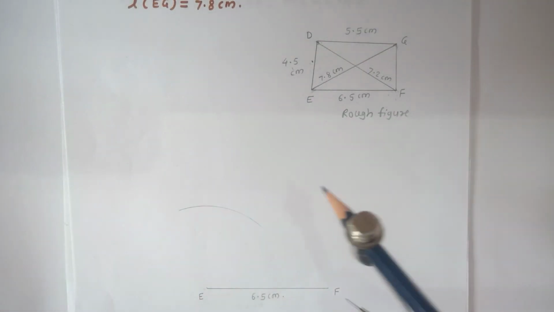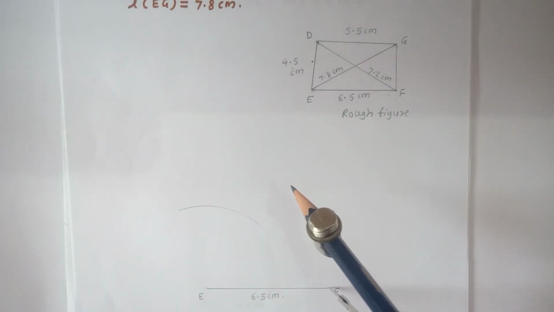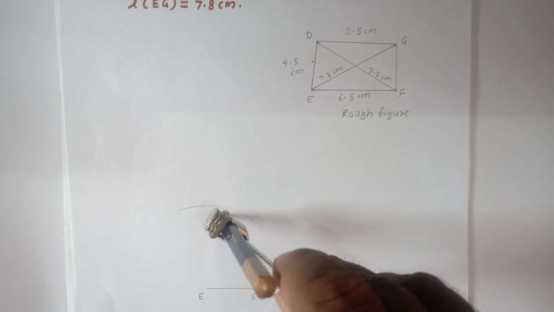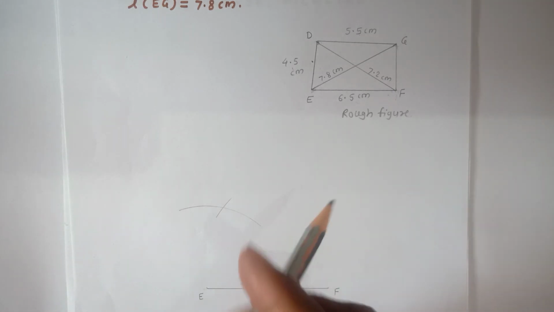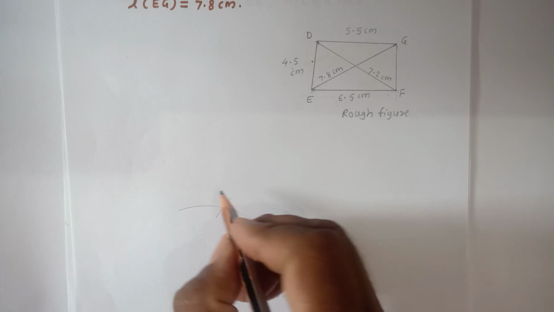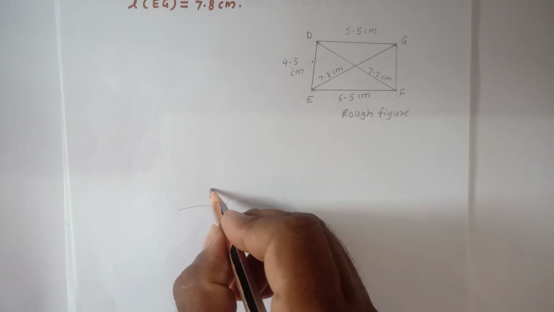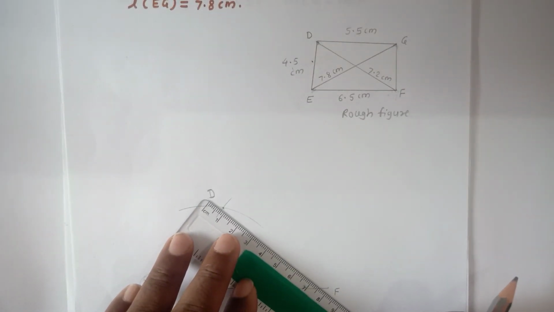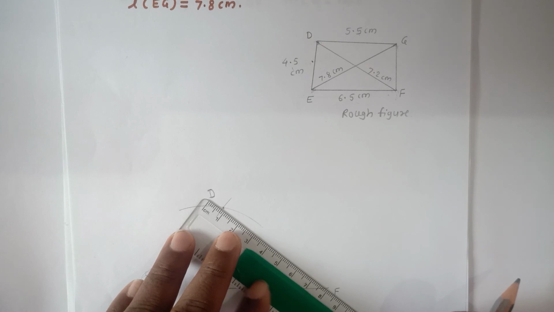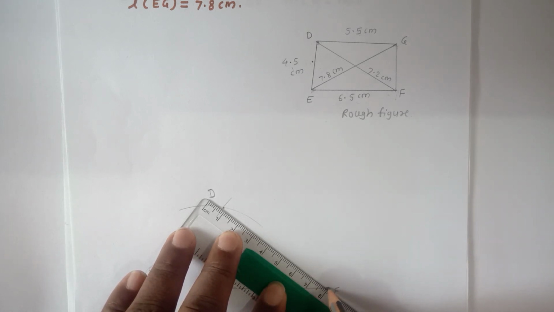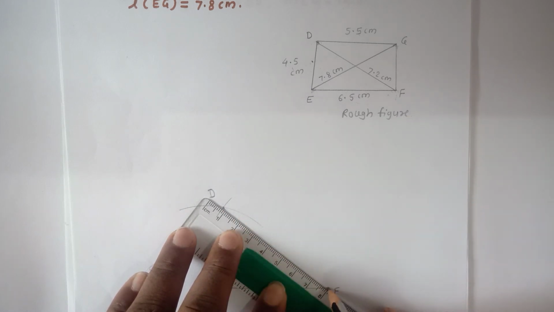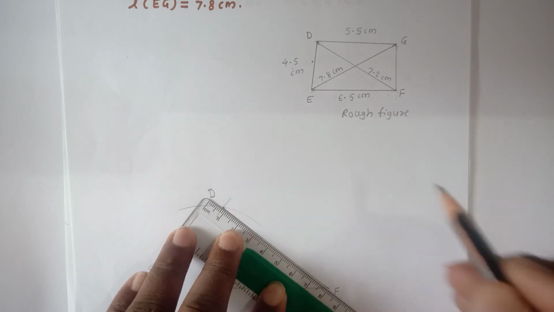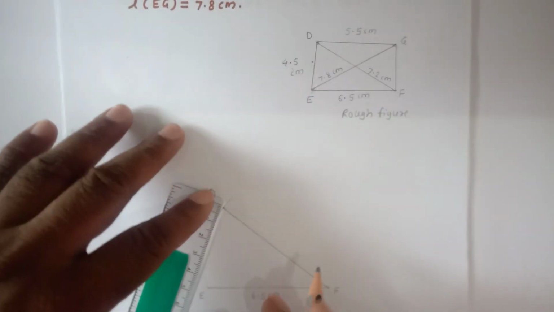Put compass on point F and draw the arc intersecting the first arc, and that point of intersection here is point D. Now join DF, also join DE.